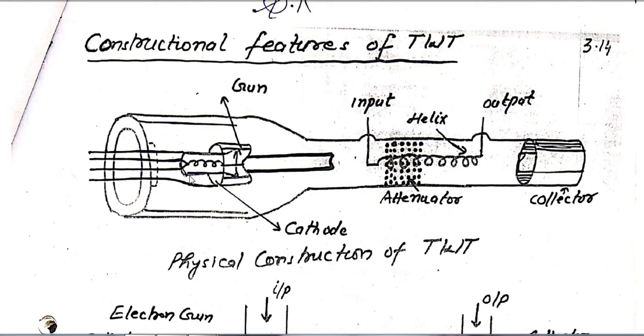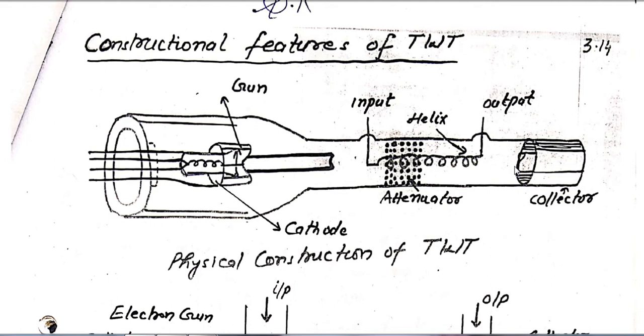This electron beam in turn passes through the center of a long axial helix. A magnetic focusing field is provided to prevent the beam from spreading and to guide it through the center of the helix. So because of this magnetic focusing field, the electron beam traveling along the axis will not spread and will keep traveling along the axis.